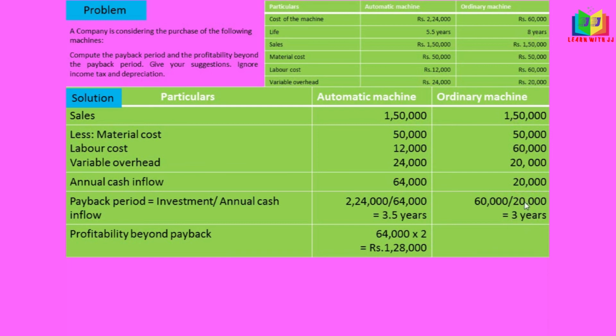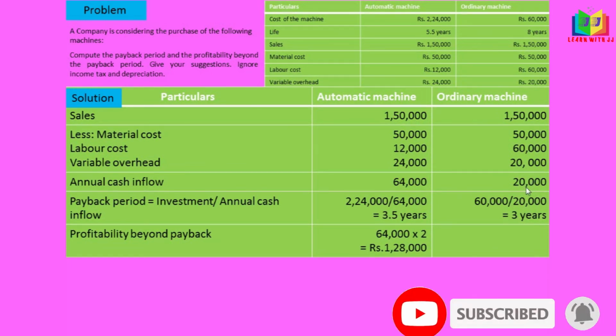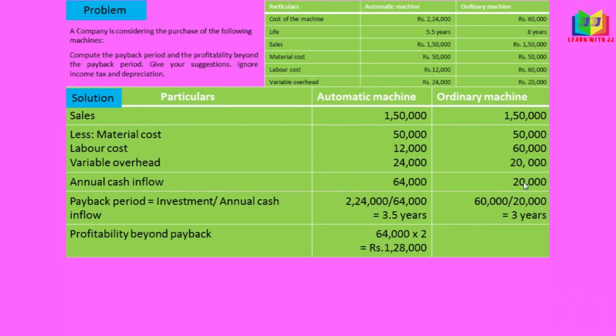So every year it will get 20,000, 20,000, 20,000, 20,000 and 20,000. For 5 years it will get 20,000. So the profitability for this ordinary machine is 20,000 into 5 years. That is 1 lakh. When comparing this profitability beyond this payback, this automatic machine is preferable.